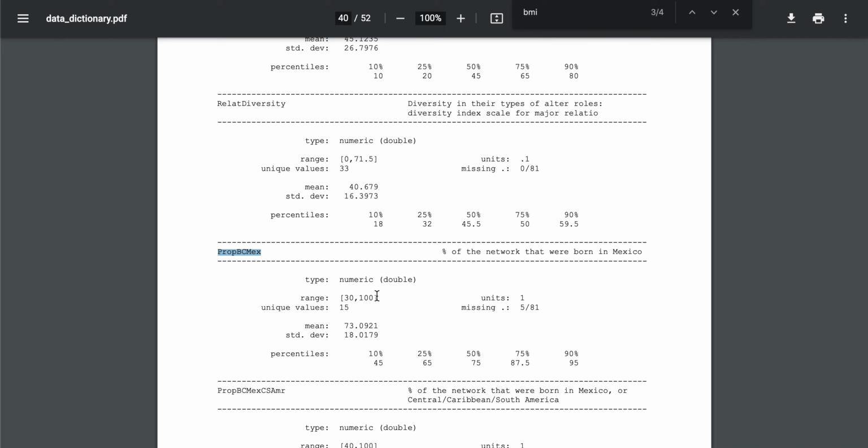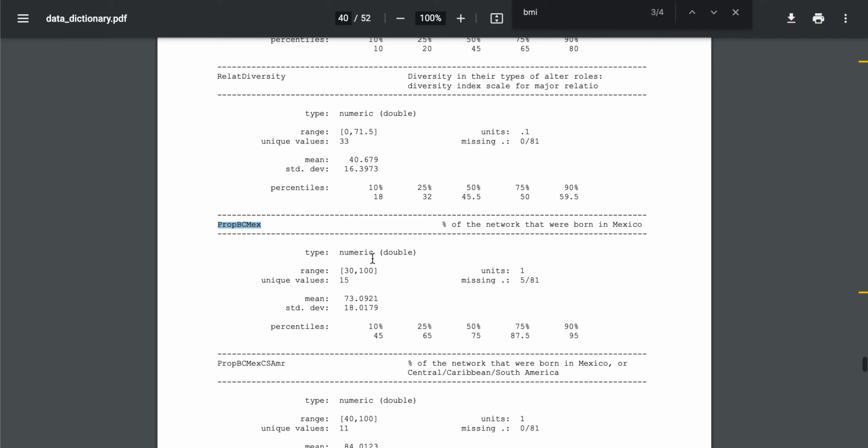Prop BC meg. 5 are missing. So let's check this.